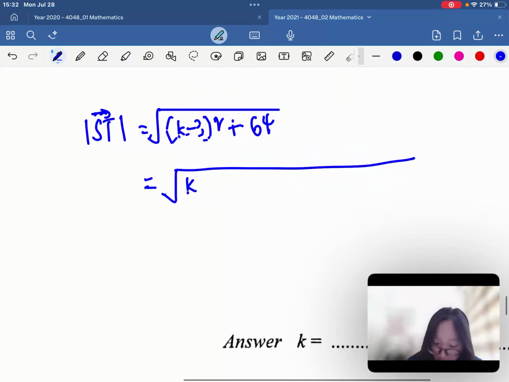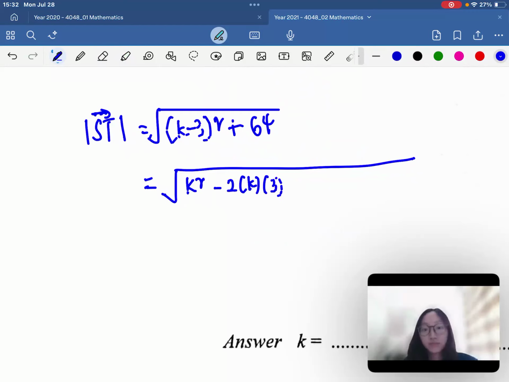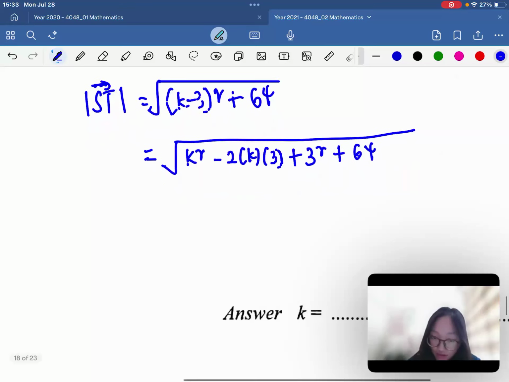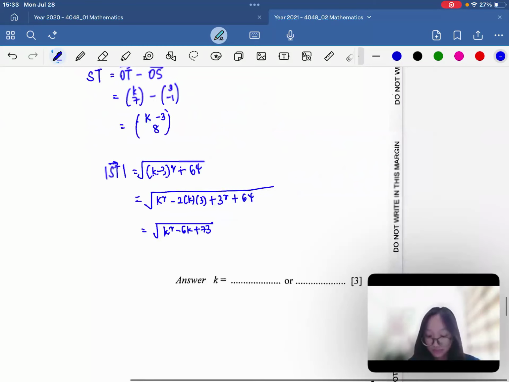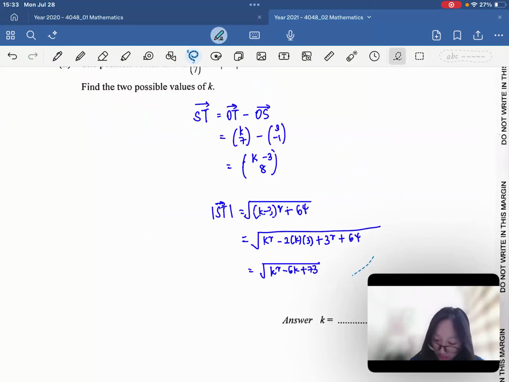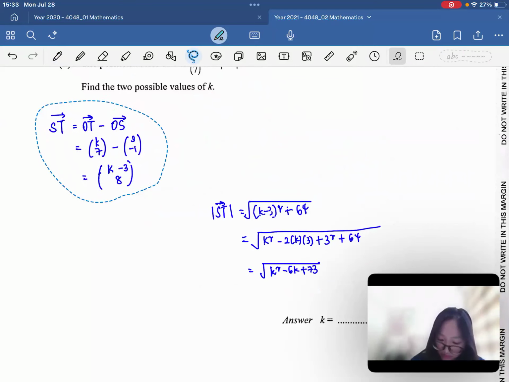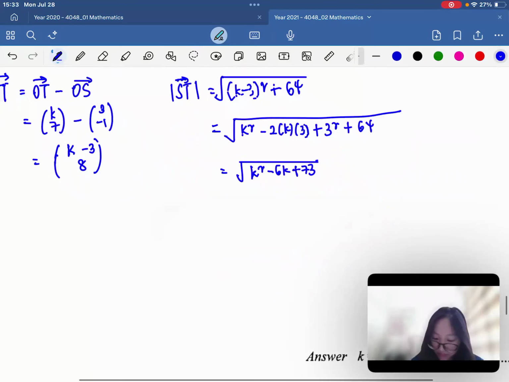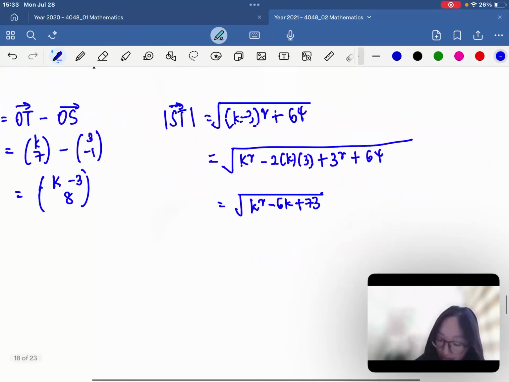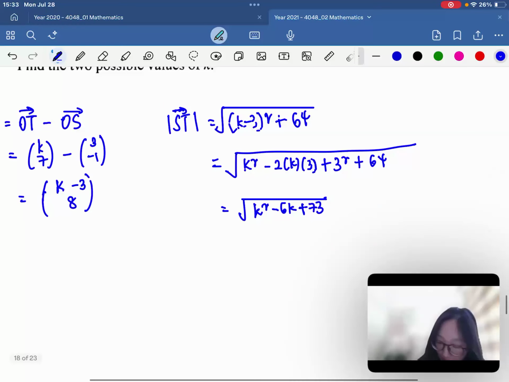This is A squared minus 2AB plus B squared, plus 64. So this would simplify to give us K squared minus 6K plus 73. Okay, so now we can say this is equal to 10.